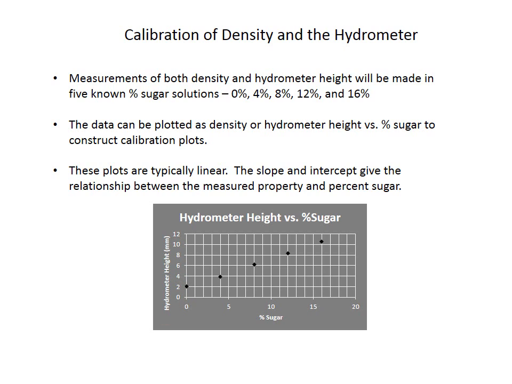Notice this is a hydrometer height, this is the percent sugar. This will be the density for your density data, and this will be the percent sugar. So when you're done with this experiment, you'll have two plots that look like this. One will be the hydrometer height, and one will be the density. Okay, so our calibration work has to do with finding what this relationship is, and then we use that to measure the percent sugar in different types of drinks.